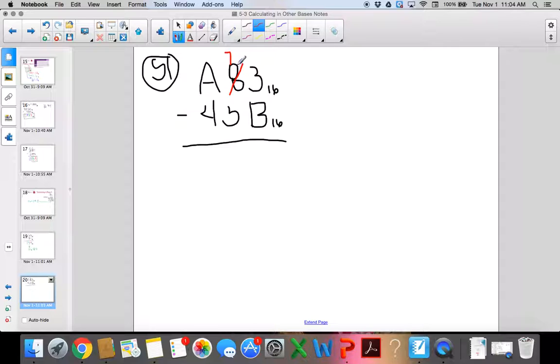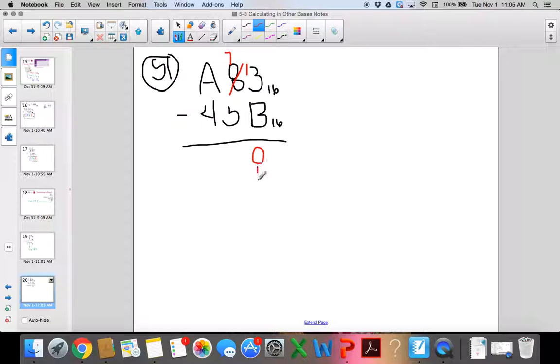And so you look at this, and it's very easy to think 13 minus 11 is 2. But that's not 13. This is 1-3 base 16, which is actually 19. So 19 minus 11 would leave you with 8.